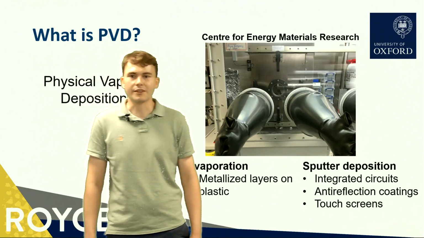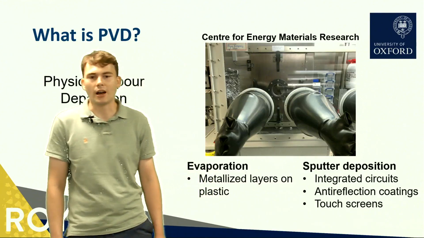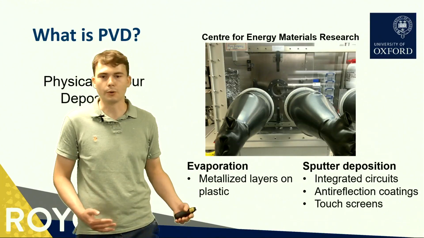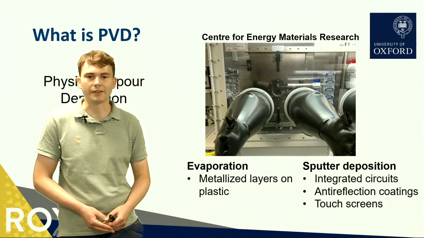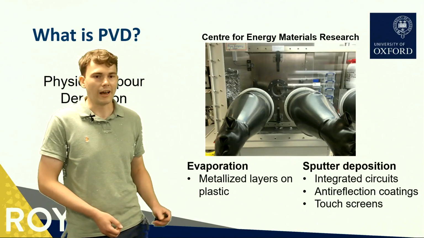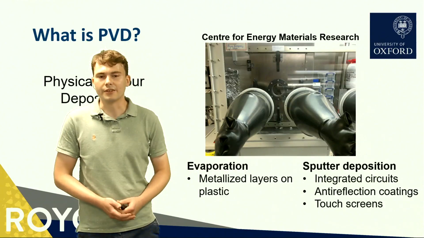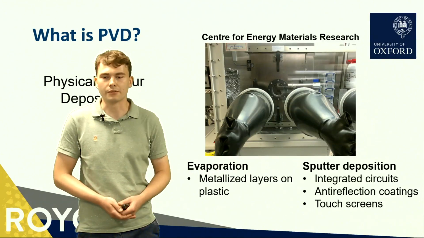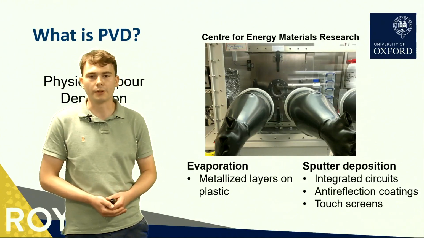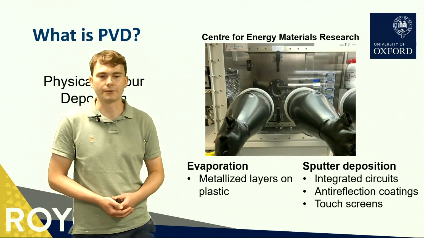So, what is physical vapour deposition? Well, PVD, or physical vapour deposition, incorporates a couple of different techniques. The key techniques are evaporation and sputter deposition. Evaporation is used in various different industries, but it's particularly used to deposit metal layers on plastics for food packaging, for example.